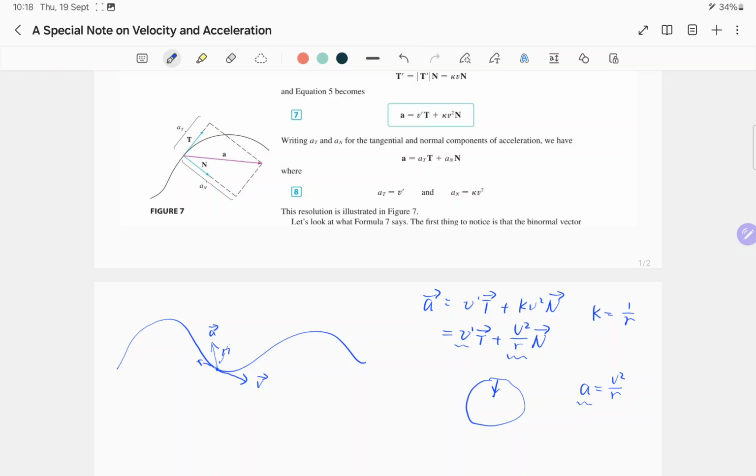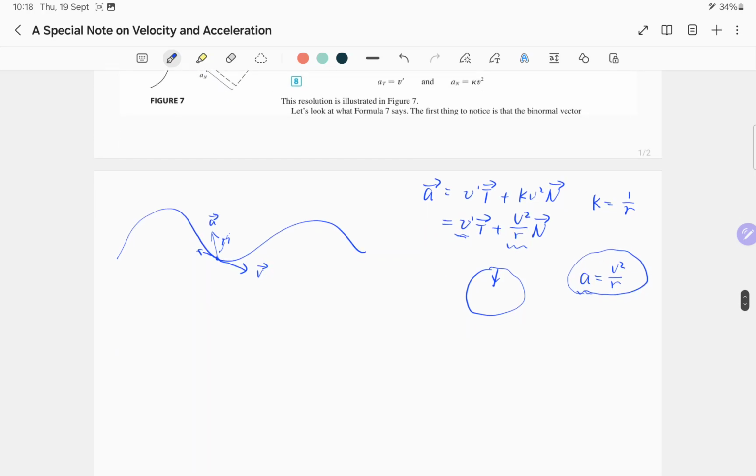The parallel component will change the magnitude of the velocity, nu. And the perpendicular component will not change that, but it will provide a centripetal force that makes the particle do a circular motion with the radius of r.